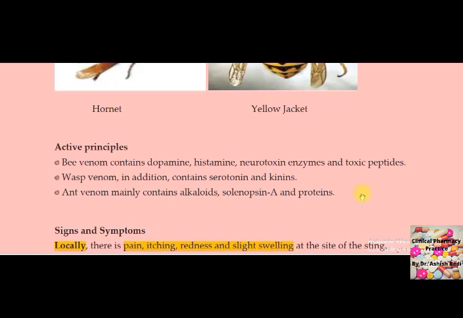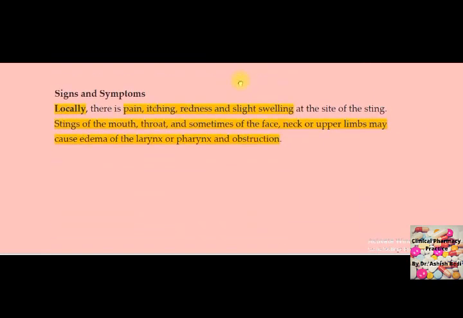Now the signs and symptoms. After the envenomation of bee, wasp, and ant, the patient will feel local pain, itching, and redness in that area. There will be a slight swelling in that area.